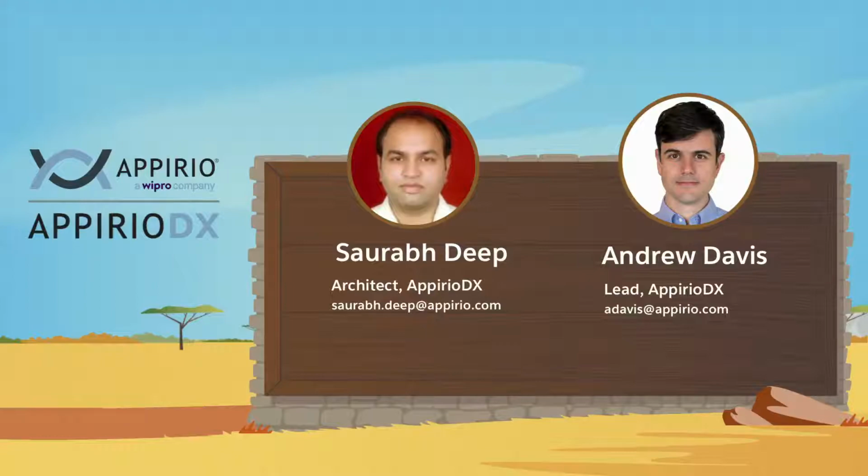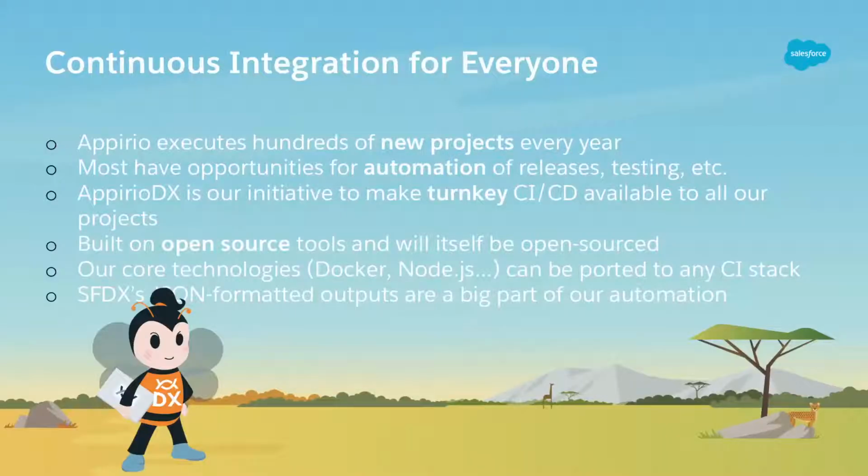So Saurabh and I will be introducing our project. Hey everyone, I'm Saurabh Deep. I'm the architect on the Appirio DX project that Andrew mentioned. So what we are doing with Appirio DX is that we are looking to enable all the projects that we do internally in Appirio to use DevOps.